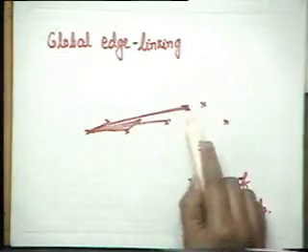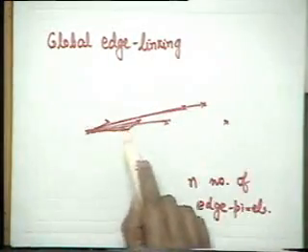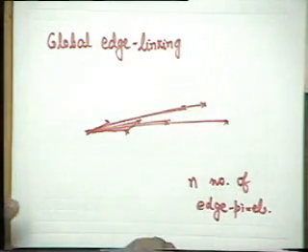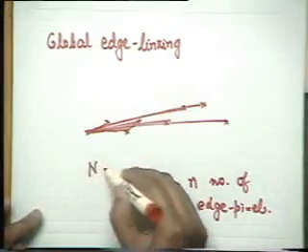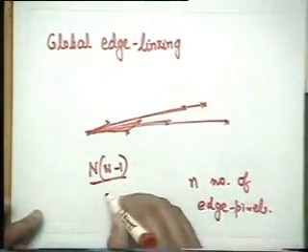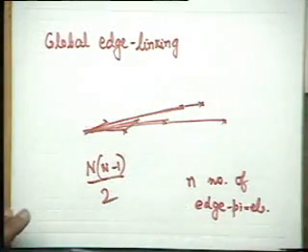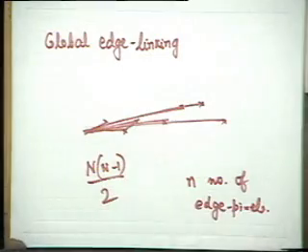If from every point we join other points, there will be totally n into n minus 1 divided by 2 different straight lines formed. And then we have to examine which one of these straight lines corresponds to the straight line pertaining to the object.